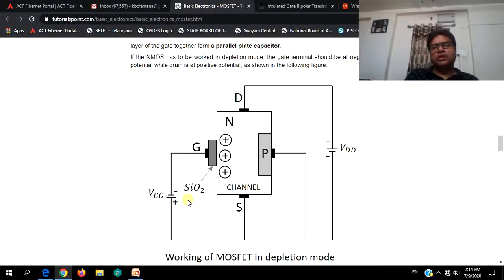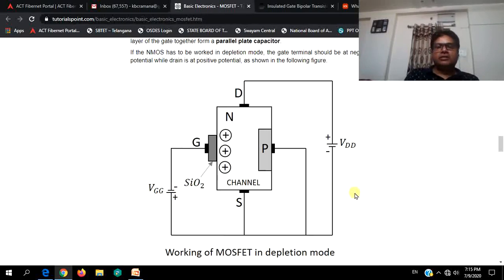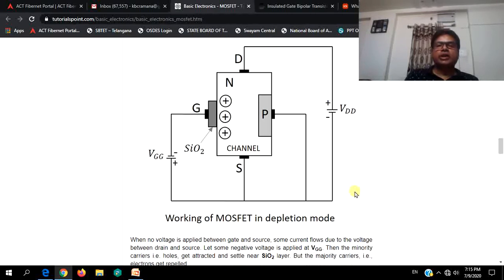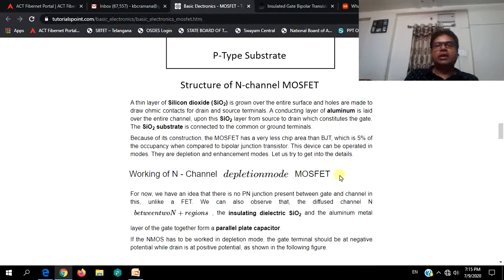When you compare the same thing for the N channel enhancement MOSFET, this will be reversed. The others will stand the same, where it will turn on when gate to source voltage has some value more than the threshold voltage. It will conduct. So it is a voltage controlled device, but again a unipolar device.